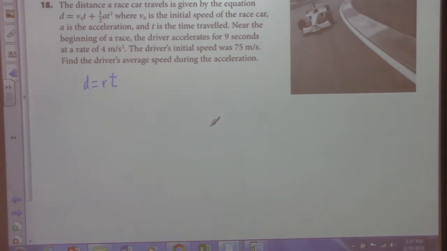And what we're trying to do is find, what are we trying to find here? Speed, right? So what in our equation here is analogous to speed? Rate. So we're going to go ahead and solve for rate. So rate is going to be equal to what?